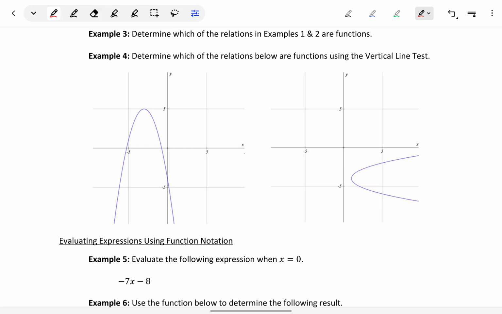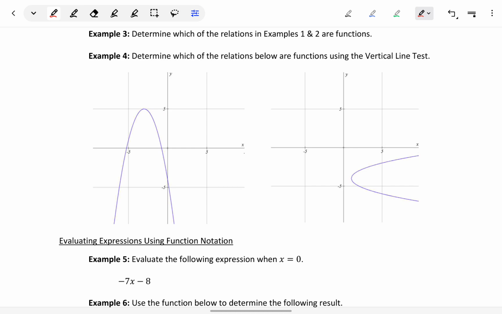Now we want to expand this idea. In the previous examples, 1 and 2, we were dealing with finite lists of points. We had just a collection of points, but in example 4, we're dealing with curves that continue on forever. So we want to investigate the same definition to determine whether or not these graphs represent functions.